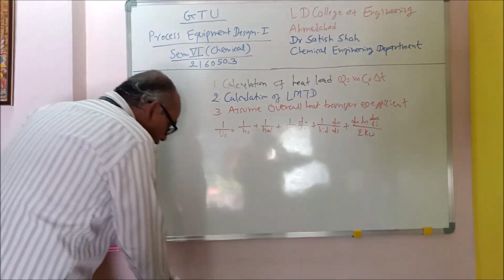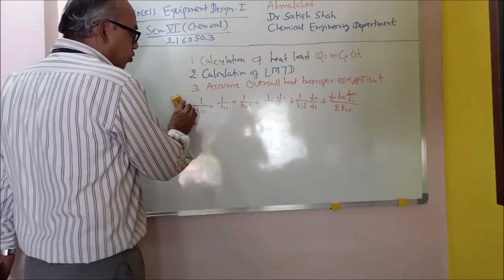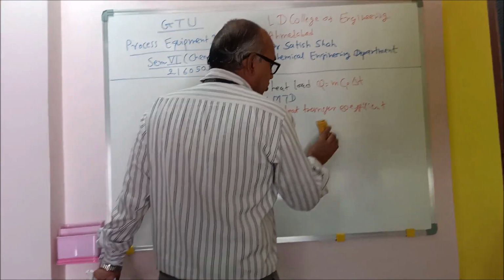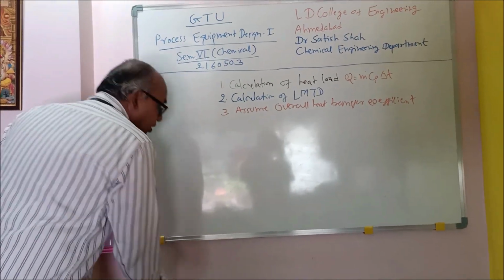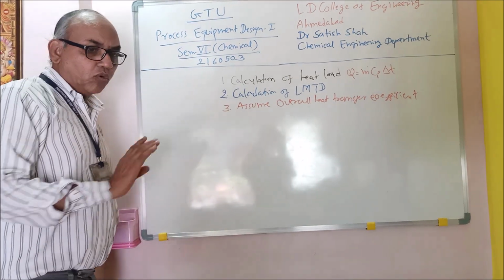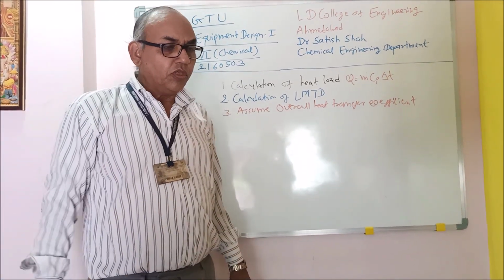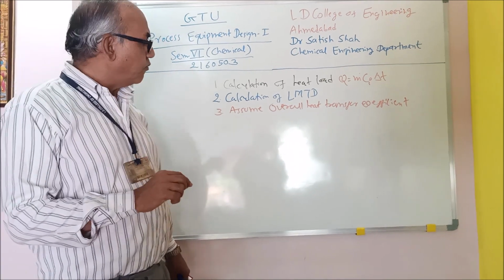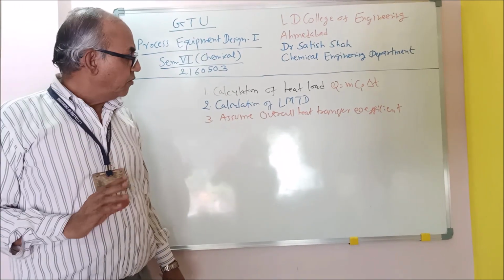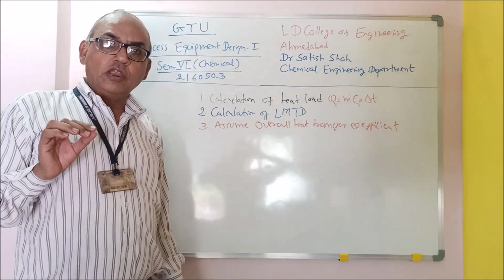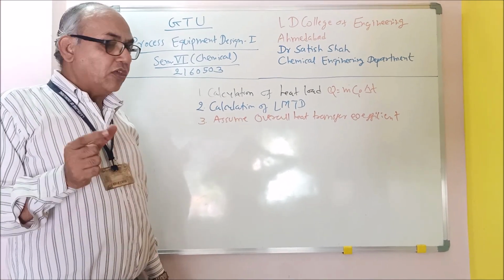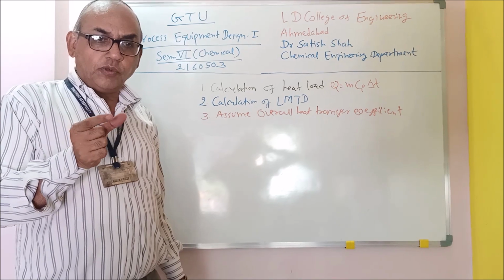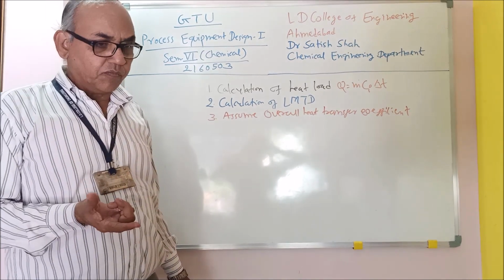So if you know all these things, you will calculate the overall heat transfer coefficient. Now you have the question of how to assume the value of the overall heat transfer coefficient. In the book, they have given certain guidelines. There is one chart or table in the book where you will find that for a particular system of fluids, when you want to do shell and tube heat exchanger design, you can assume the value of the overall heat transfer coefficient, for which they have given some range.